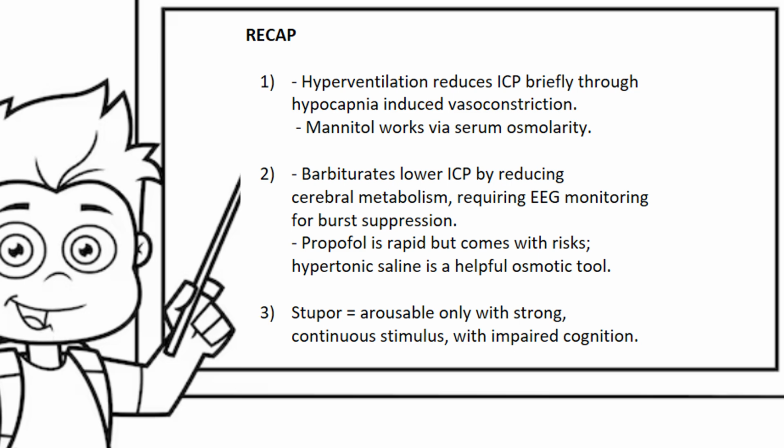Propofol is rapid but comes with risks, and hypertonic saline is a helpful osmotic tool. For state of consciousness, stupor is arousable only with strong continuous stimuli with impaired cognition, and please do not confuse stupor with coma, unresponsive wakefulness, or locked-in syndrome.